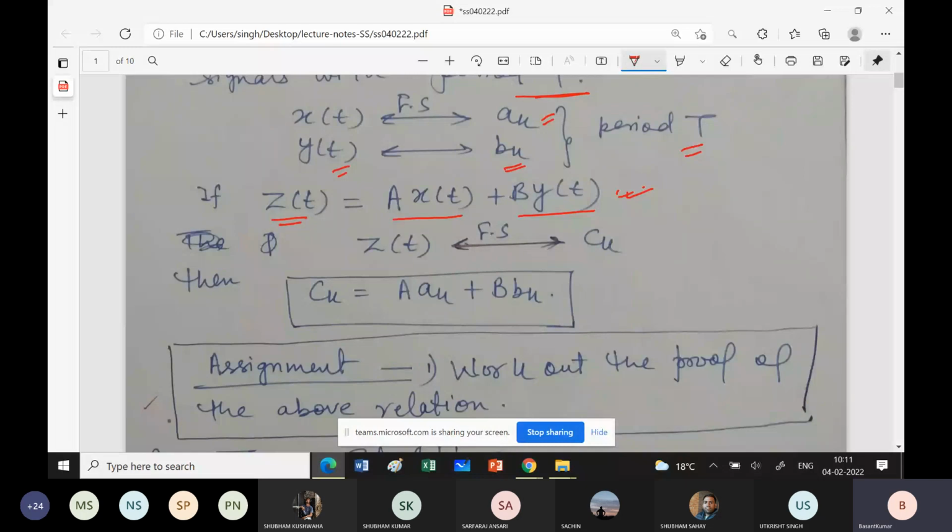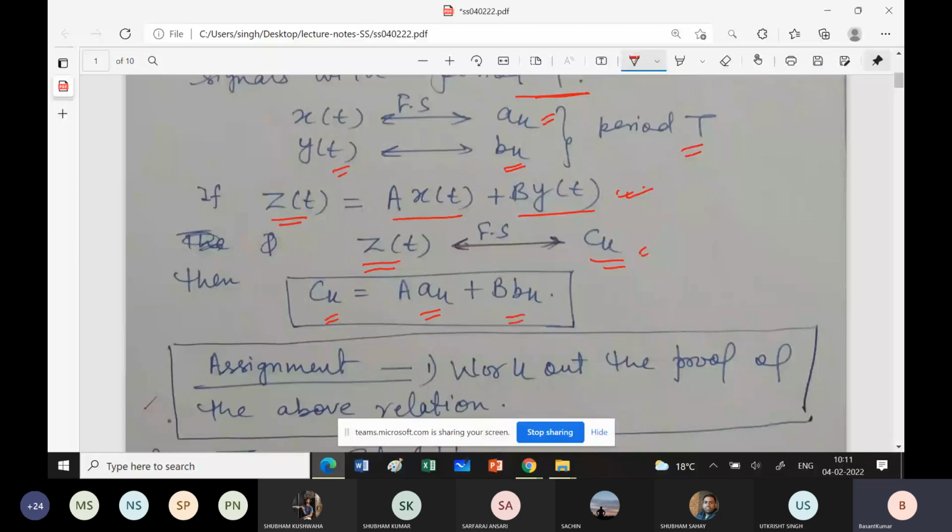Then if you represent this z(t) using a Fourier series, and suppose c_k is the Fourier series coefficient, then there is a relation which holds here: c_k equals a scaled version, that is, A a_k plus B b_k.